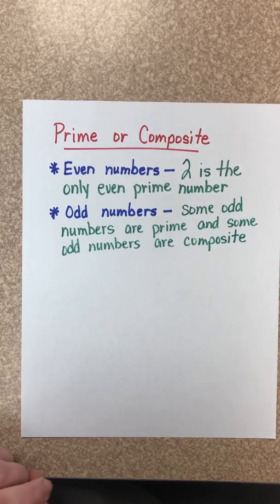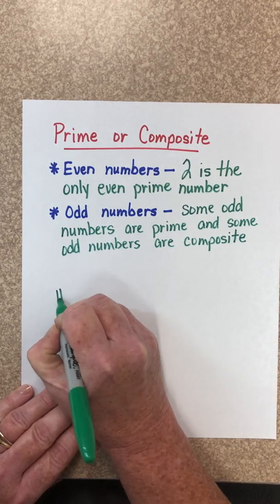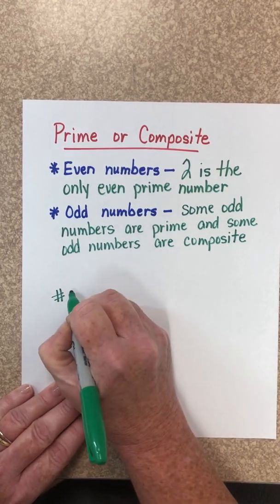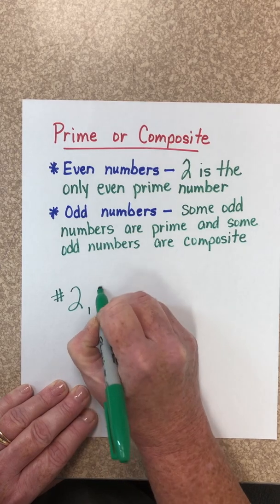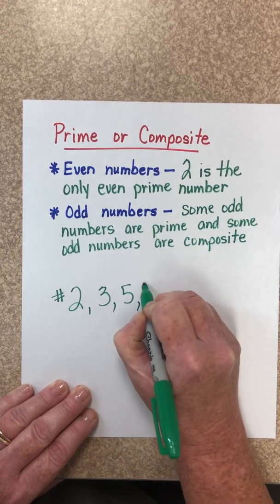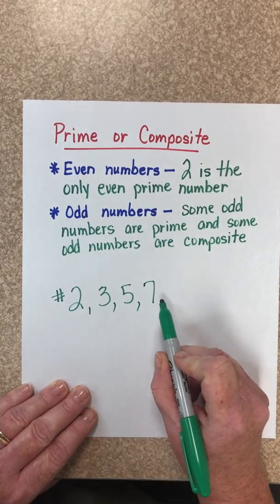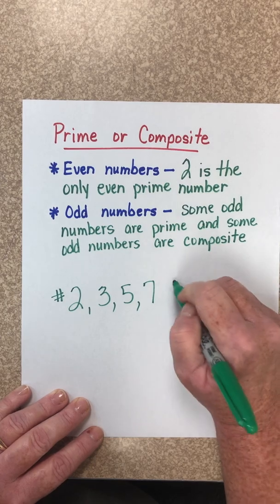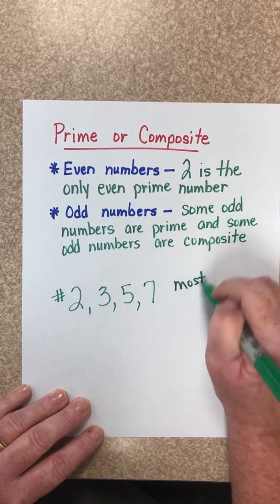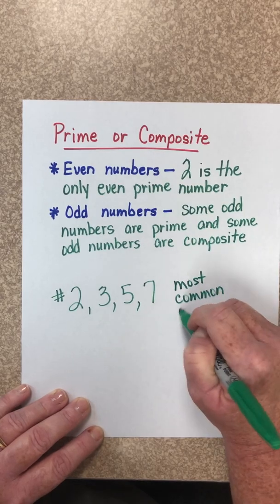As we work the rest of this week, we will notice that we really need to pay attention to the numbers 2, 3, 5, and 7. Those will be our most common numbers that we will use. I think I'll make that a note. Most common prime numbers.